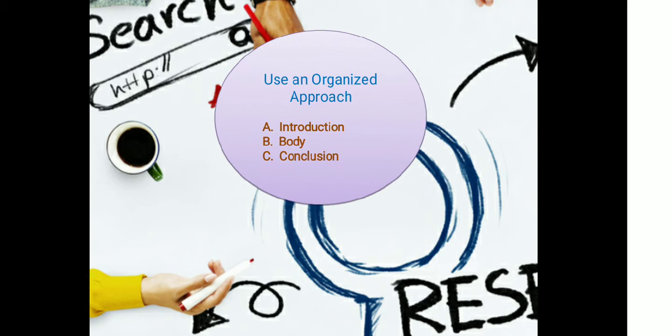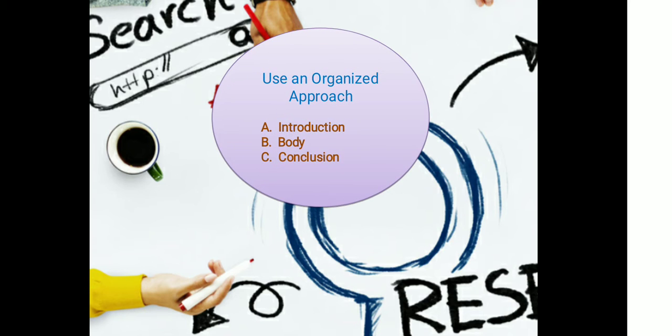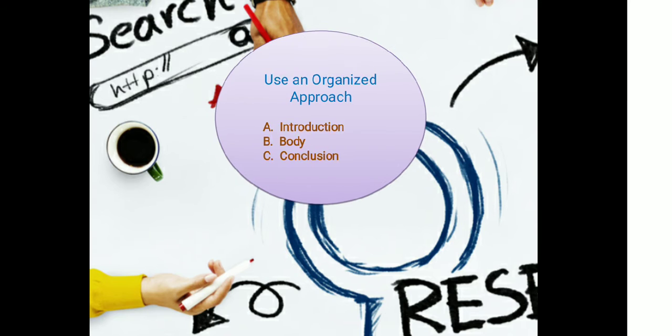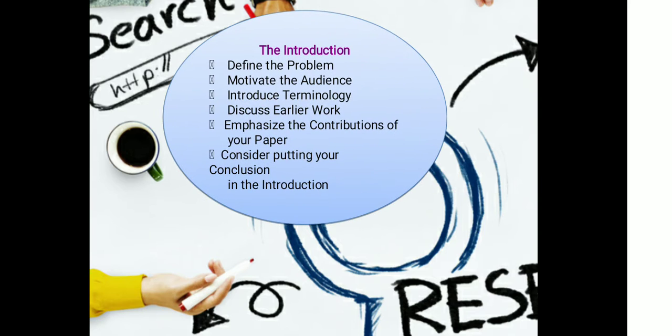A simple three-part template for producing a talk is as follows: introduction, body, conclusion. Introduction. This first section is possibly the most important part of your presentation. It sets the tone for the entire talk.